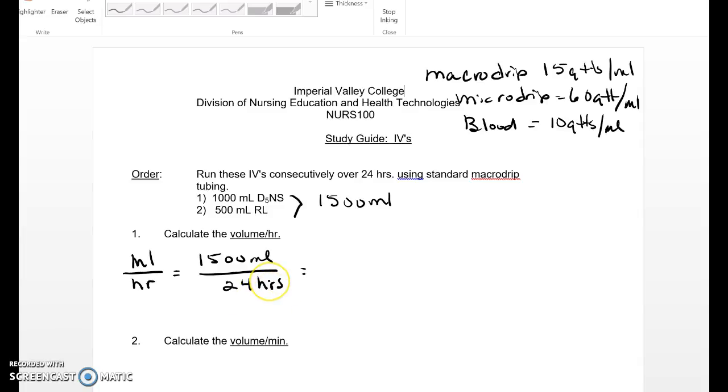So all we have to do is divide 1,500 by 24 hours. So that ends up being 62.5 milliliters. Now we can't give a decimal of a milliliter or a decimal of a drop. So we're going to round up, 63 milliliters per hour.